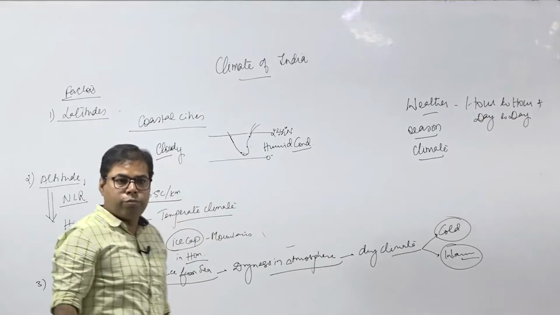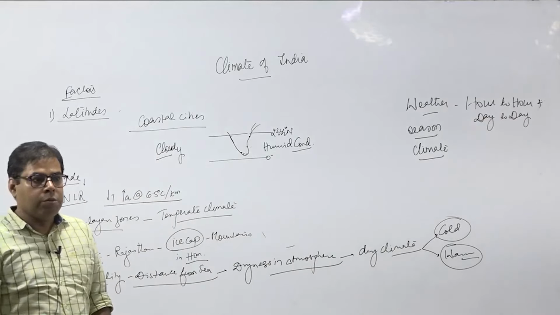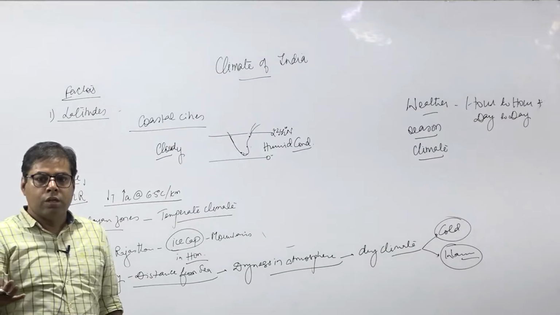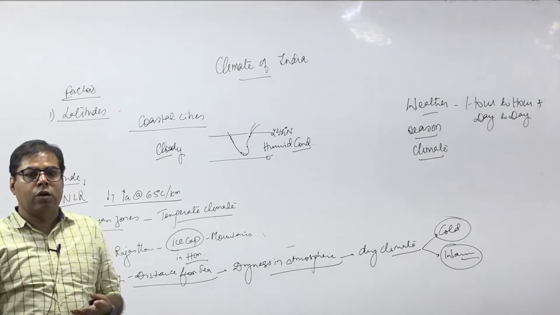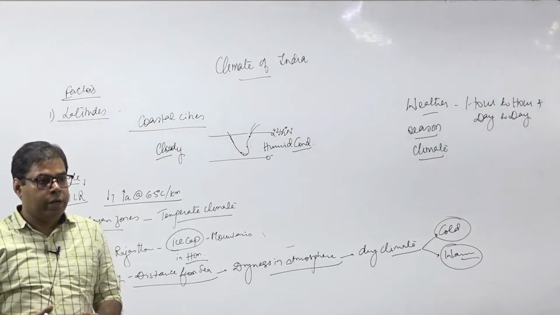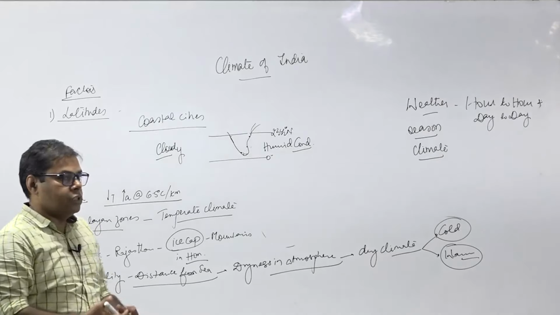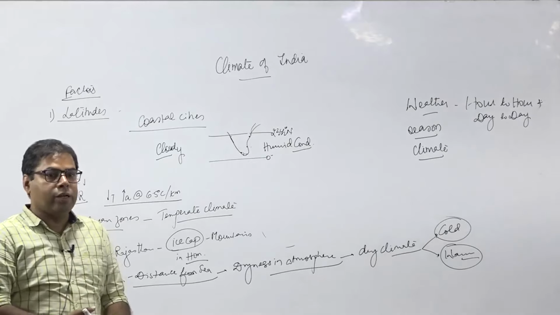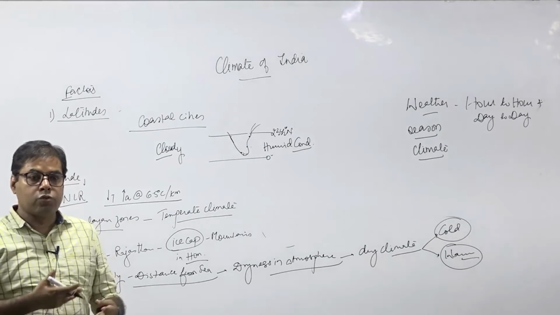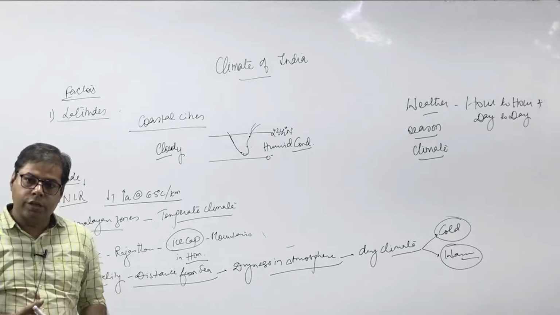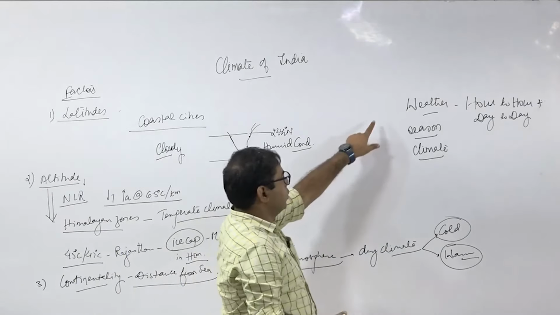Morning it was quite bright sun, no? अभी बारिश हो गया. So it is a part of the weather only, right? So the variation in the atmospheric condition over the hours and day to day. Day to day means of the 24 hours, right?